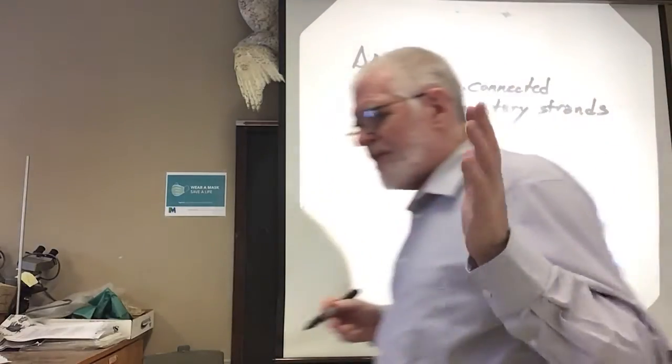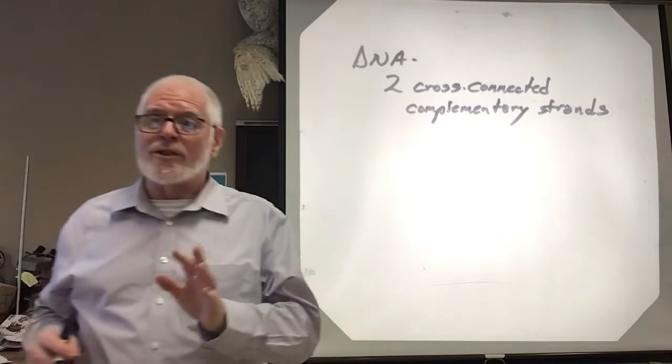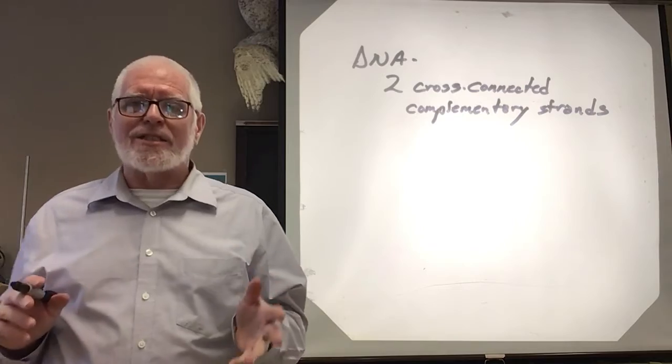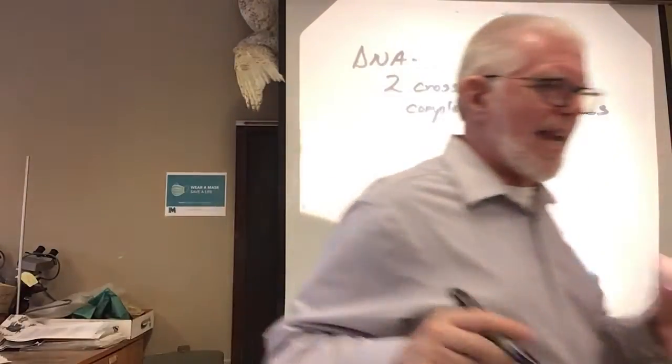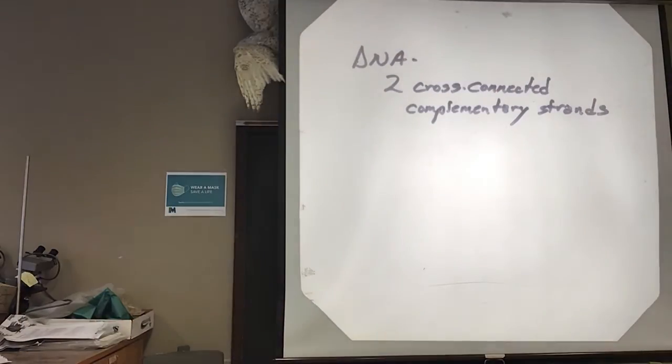Complementary strands means that if you know what's on one side, you know what's on the other side. They don't match, they're not matching strands, but they're complementary strands. And that makes it easier to pull strands apart and build in what used to be there pretty reliably.